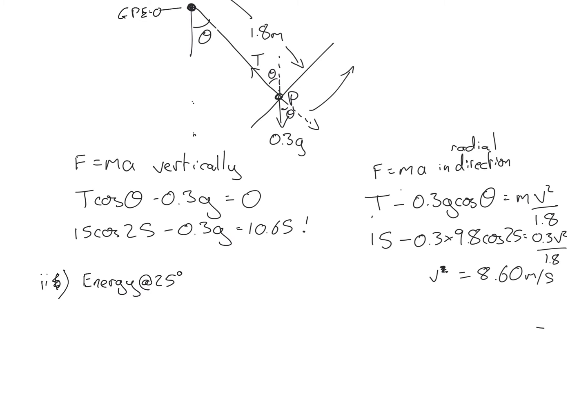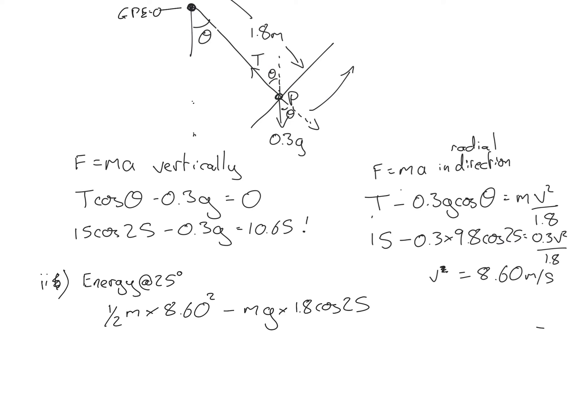Okay, so energy at the start at 25. Well, we know v. So we've got a half m times 8.60 squared, using the number you've got in the calculator. And our GPE is negative, but it's mg, and my h is just 1.8 cos 25.